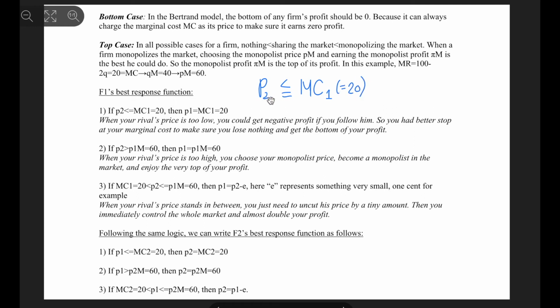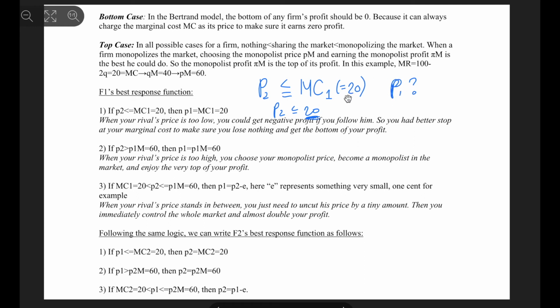If the price 2 is same or smaller than 20, then what is the P of 1? So P2 is charging smaller or equal to 20, and 20 is the marginal cost. So can P1 be lower than 20?